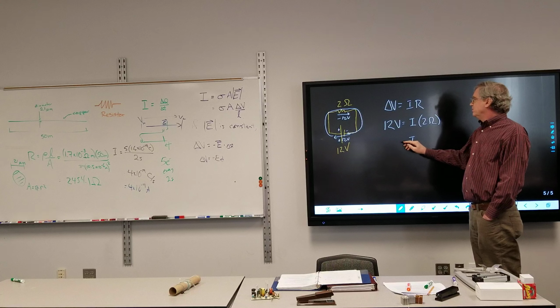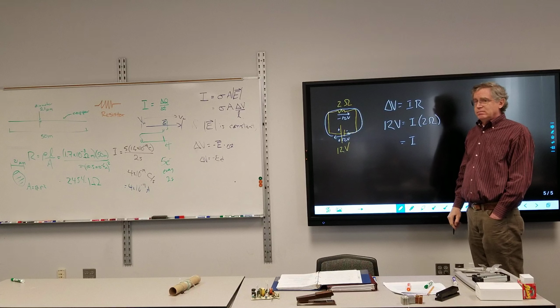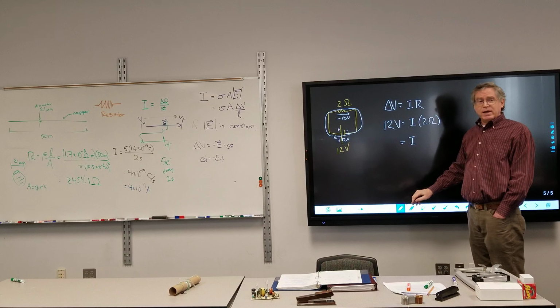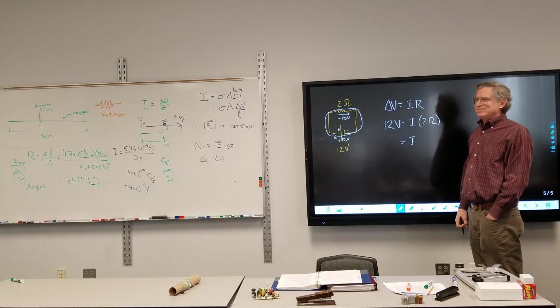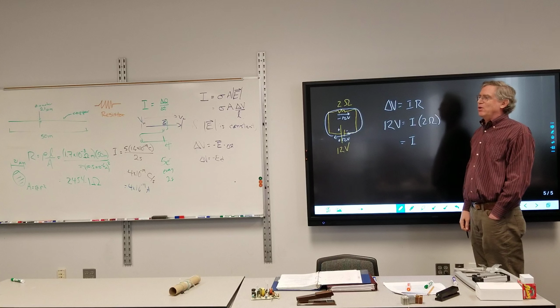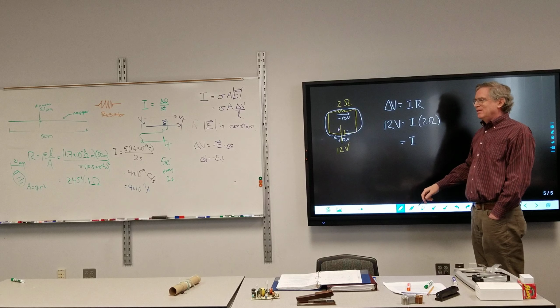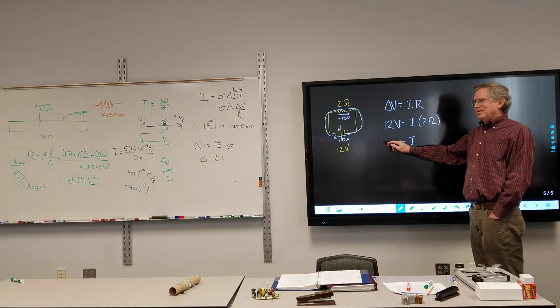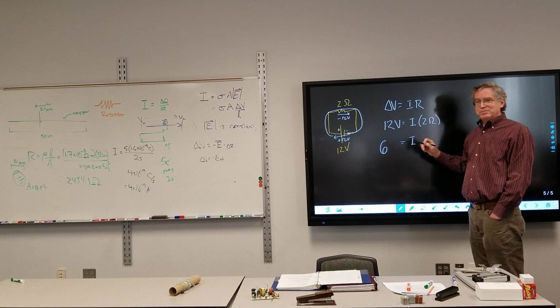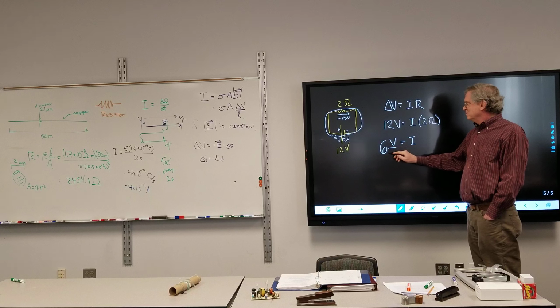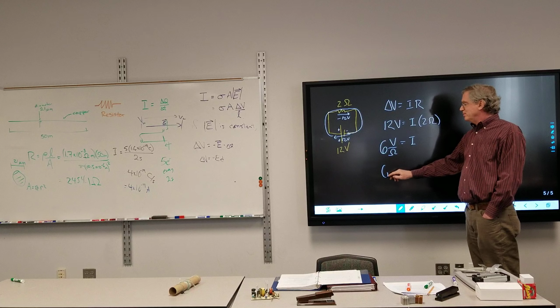And so my current, doing the fancy math, anyone want to break out a calculator on this one? No, put that down. 6 volts per ohm, or 6 amperes.